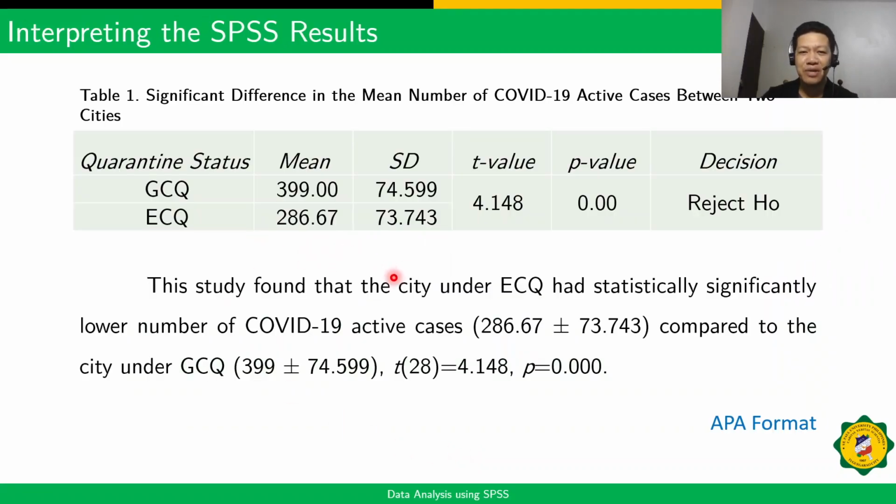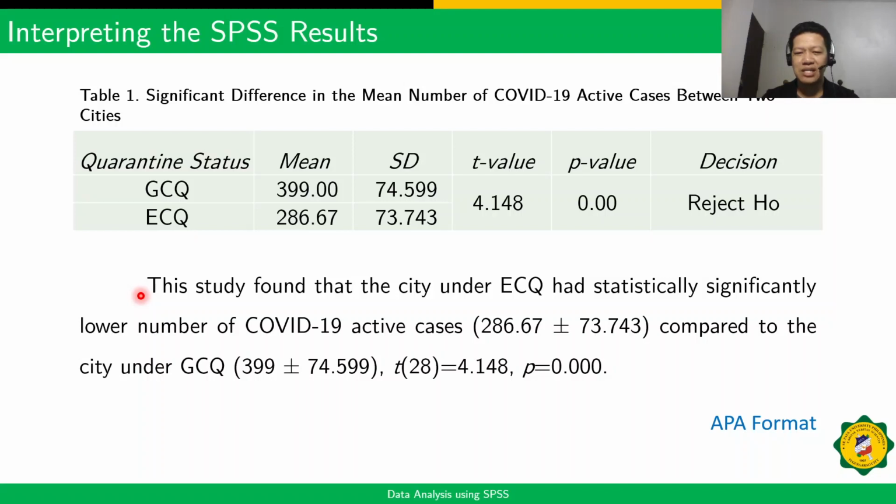So how to interpret the table in our manuscript? We need also to write a title for the table. So the title will be Table 1, Significant Difference in the Mean Number of COVID-19 Active Cases between the two cities under GCQ and ECQ. Okay, so using APA format, the interpretation can be like this. This study found that the city under ECQ had statistically significantly lower number of COVID-19 active cases.